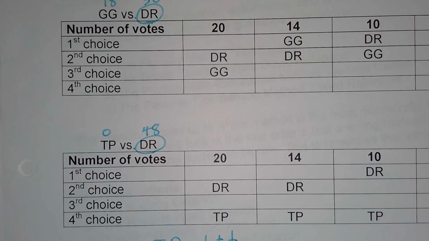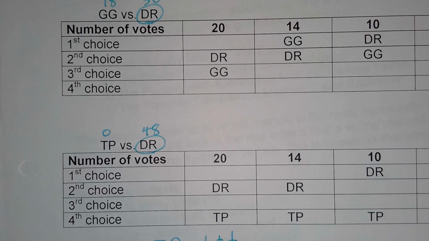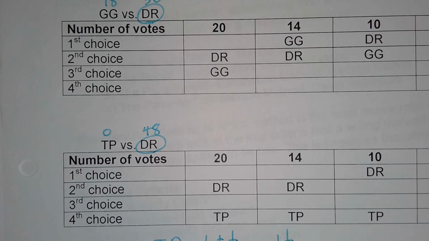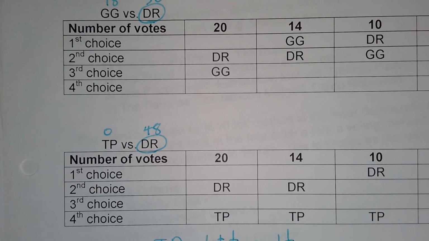So now what we have to do is go through and add up those points. So if we add them up, Tim Duncan has 1.5 points. David Robinson has 2.5 points. George Gervin has 2 points.